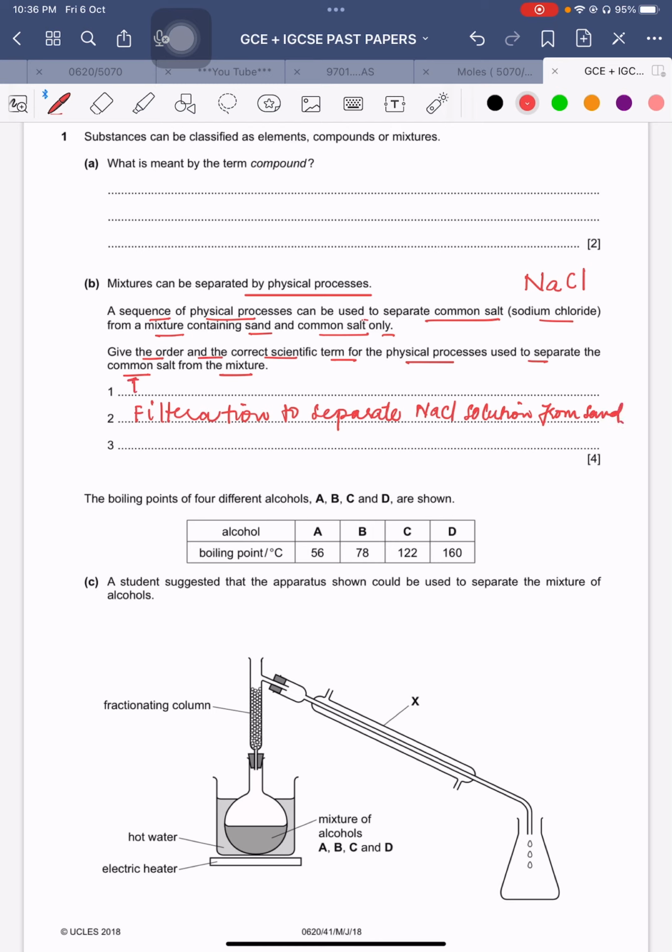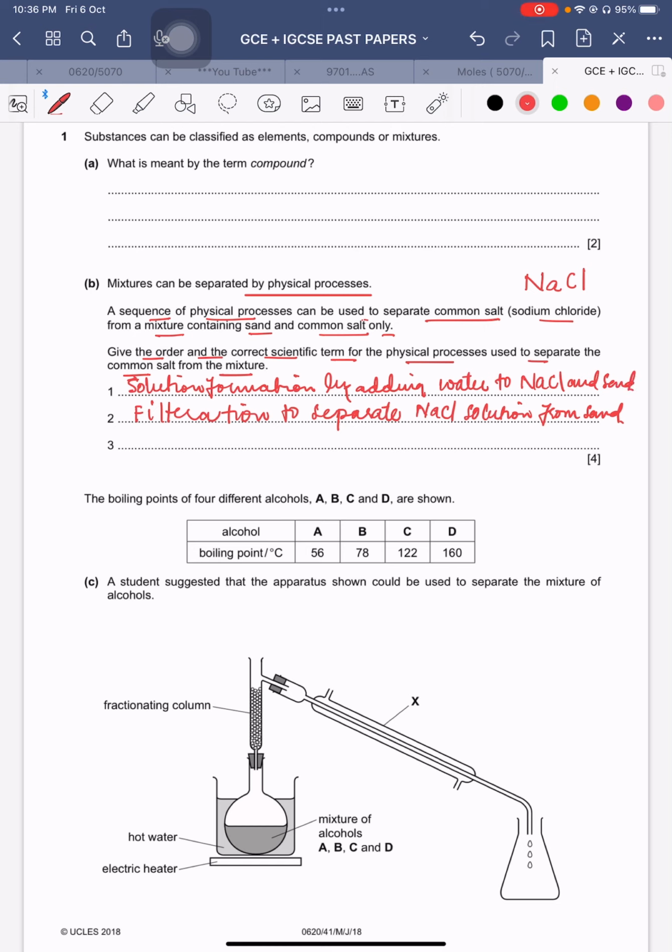Number one is solution formation by adding water to NaCl and sand.